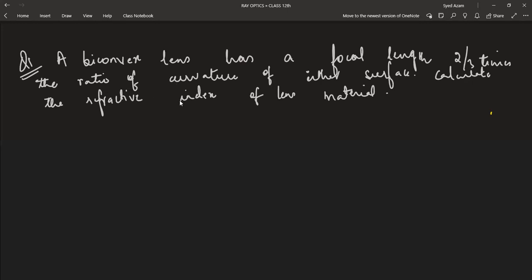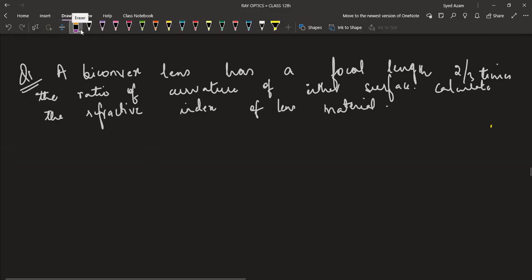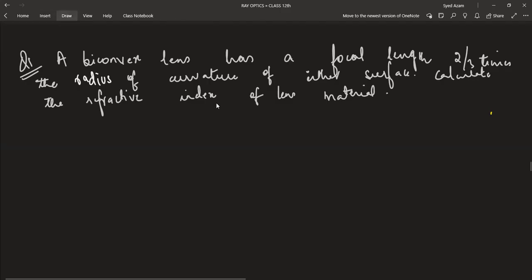This is the radius only. And tell me the answer of this too. Tell me what is the refractive index.